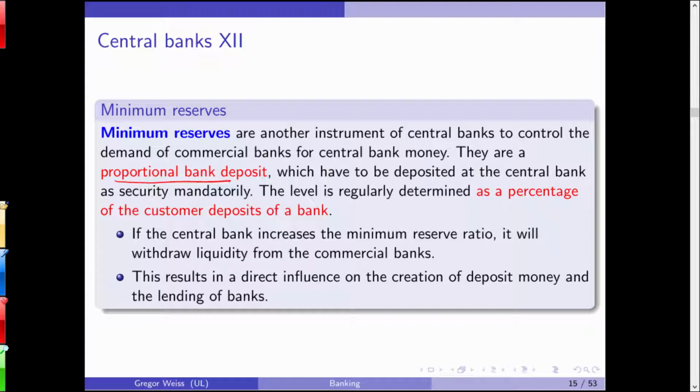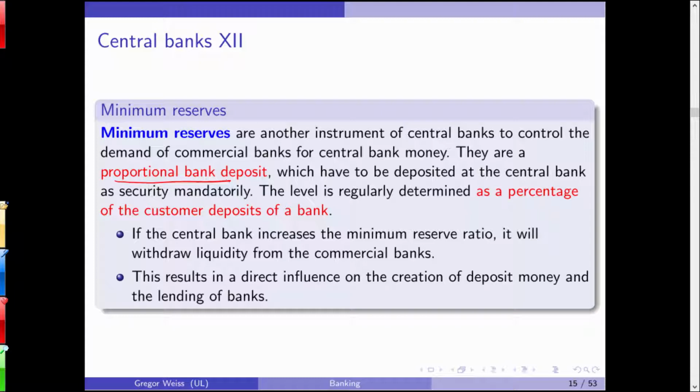In this way, the reserve rate, on the one hand, guarantees the stability of the bank. By increasing minimum reserves, the central bank can guarantee that the bank has a better ability to repay deposits.